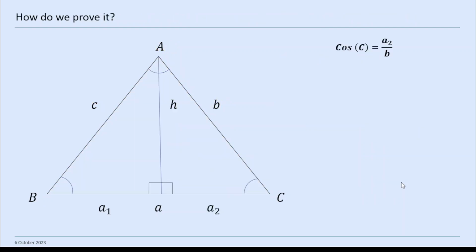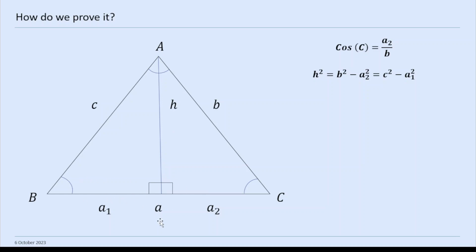So how do we prove the cosine rule? Firstly, just by definition, cos C equals a2 over b. Then we have two applications of Pythagoras' theorem. h squared is part of a right angle triangle here, so h squared is b squared minus a2 squared, and it also equals c squared minus a1 squared.